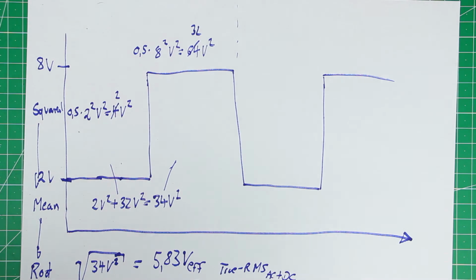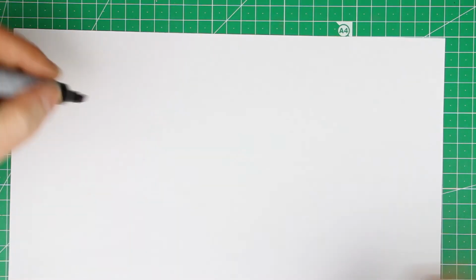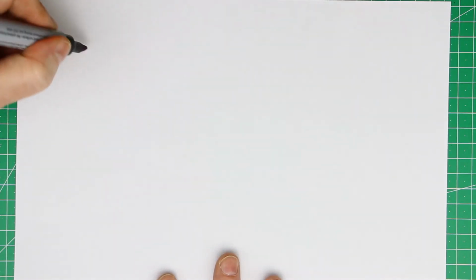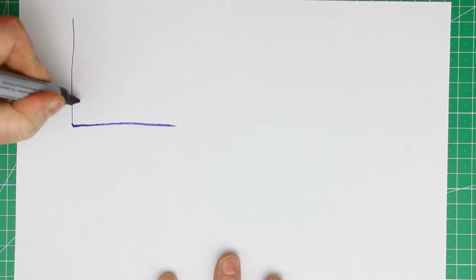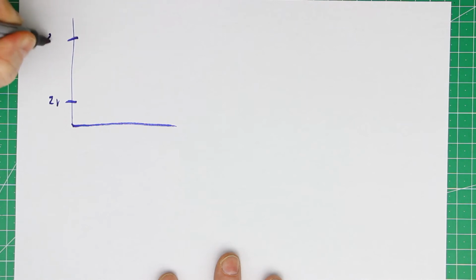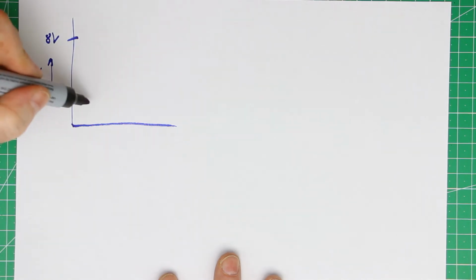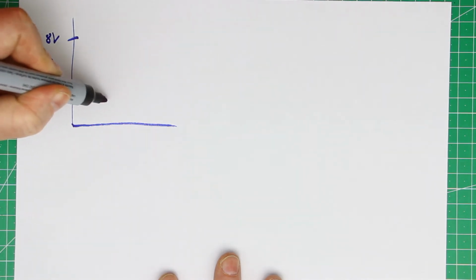Then we get a different waveform, and you might from intuition think that that doesn't matter if we have a square wave of an amplitude of 6 volts, which goes from 2 to 8 volts, which looks like the one I've shown you.